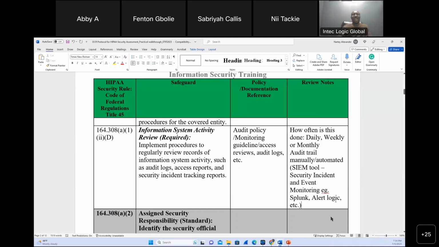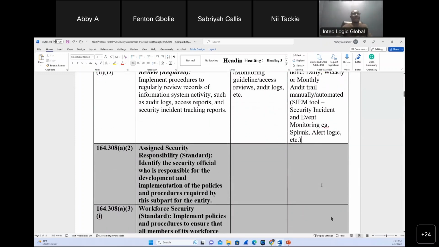Another example is Alert Logic, right? They help you to monitor the system. So do they have anything of that sort within their documentation that tells you that they are committed to monitoring how people access PHI within the environment?